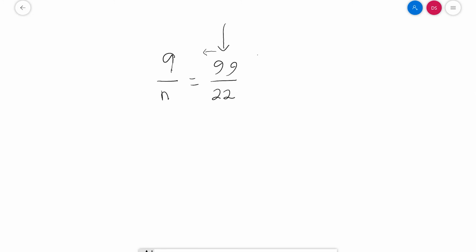If I divide 99 by 11, and this is not correct math, 9 does not equal 11 divided by 99, okay? But we're just working this out mentally, and I need to write something down, so stay with me. 99 divided by 11 is 9. And 22 divided by 11 is 2. So we would know that n equals 2. All right.